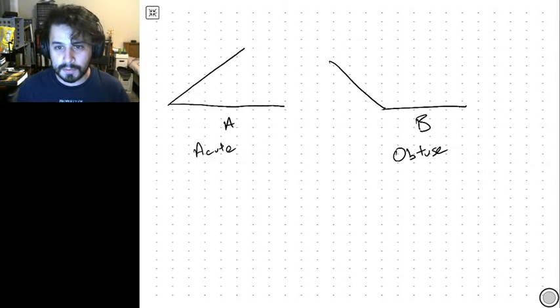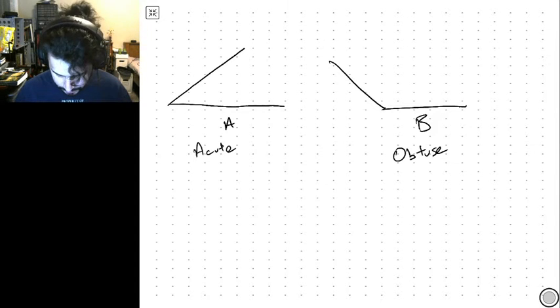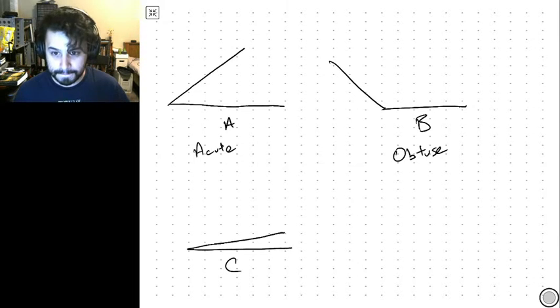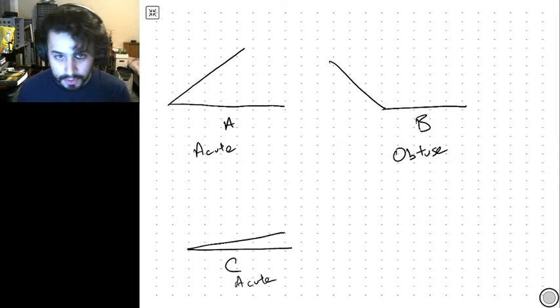But that's not the best way to describe these, because if you think of, let's look at another angle. Let's look at angle C here. And angle C is kind of like angle A, but it's a little bit smaller. And angle C and angle A are both acute. So if you see angle C and angle A out in the wild, how do you distinguish the both of those?